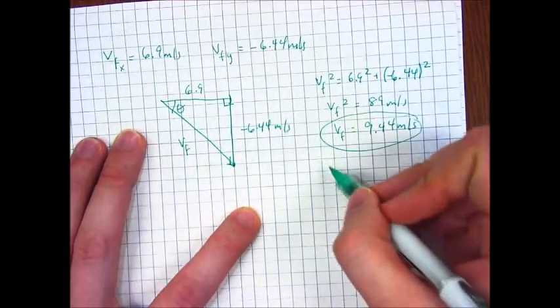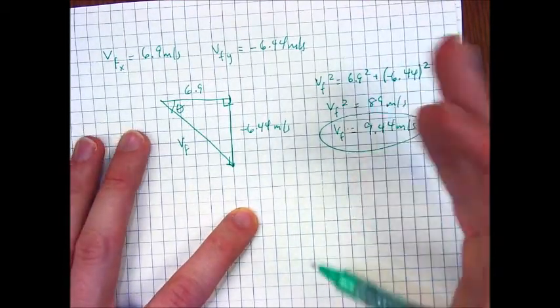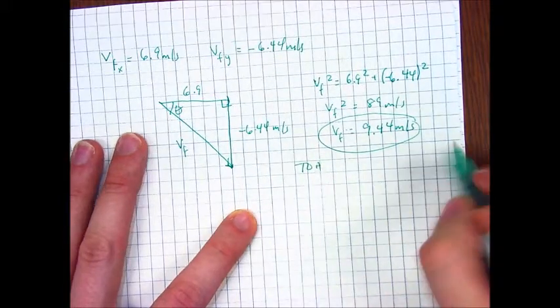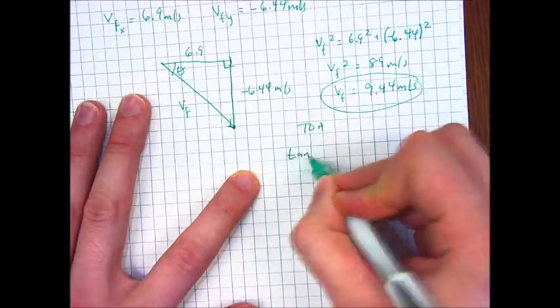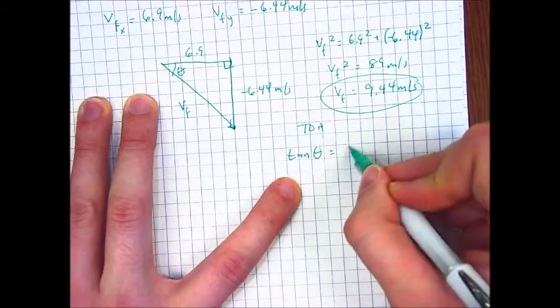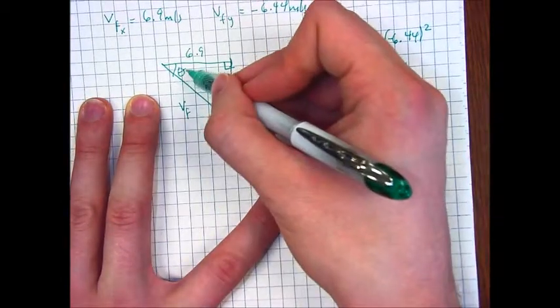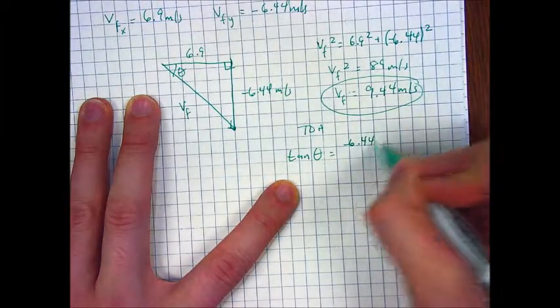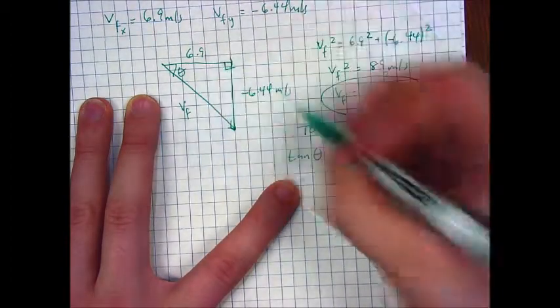The last thing you need is the direction, because a velocity needs a direction. The way we get that is we use TOA. So that's tan theta is equal to opposite over adjacent. In this case, opposite is negative 6.44. Adjacent is 6.9.